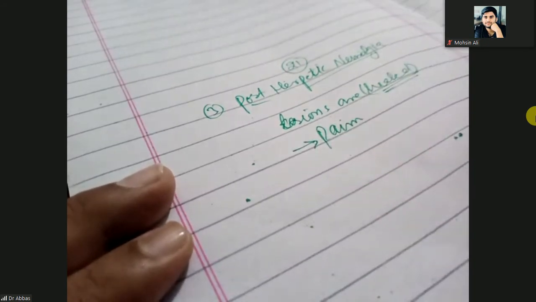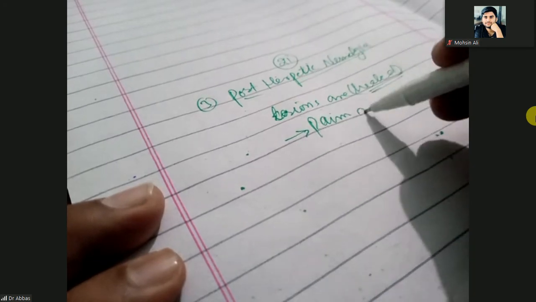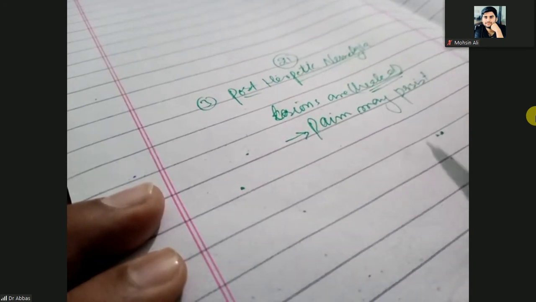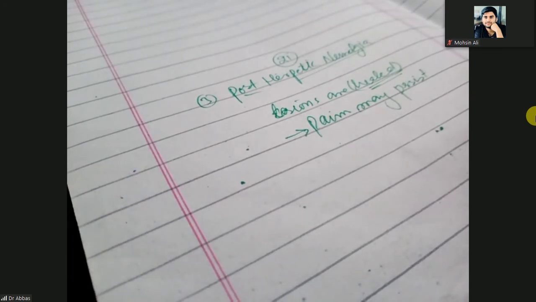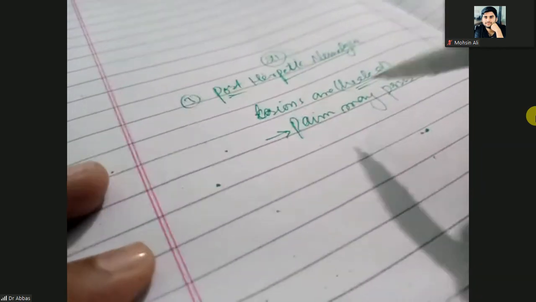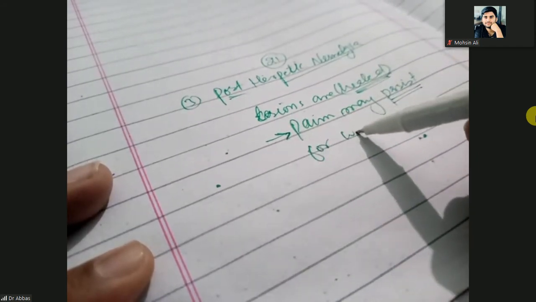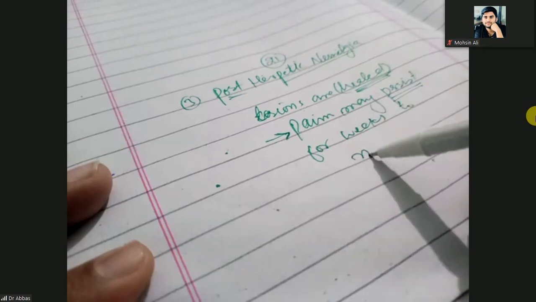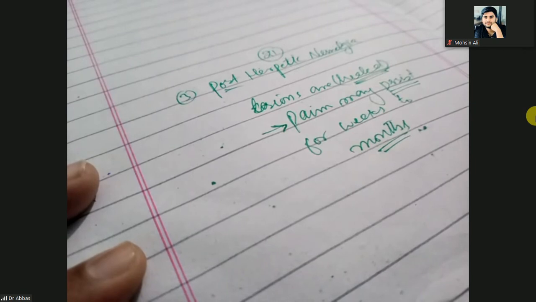After the healing of the lesions, there will still be pain. The pain may persist for many weeks, maybe for a month, up to 2 months. So post-herpetic neuralgia means the lesions are healed, still the pain may persist for weeks to months. That pain is the post-herpetic neuralgia.